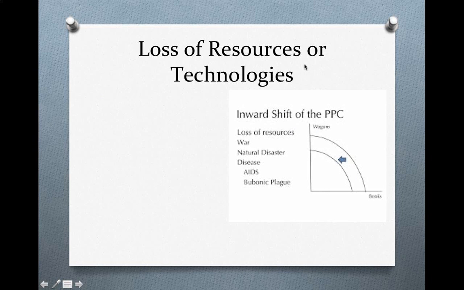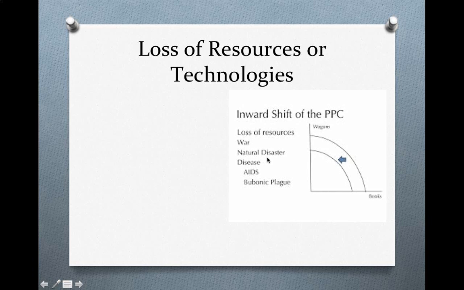If we have a loss of resources or technology, we would actually see the curve shift inward, and we typically don't see this covering all industries unless we have a loss of resources because of war. If we have a war and it's devastated because it kills some of our natural resources, blows up our plants, tears up some of our capital, and then obviously the loss of human life.